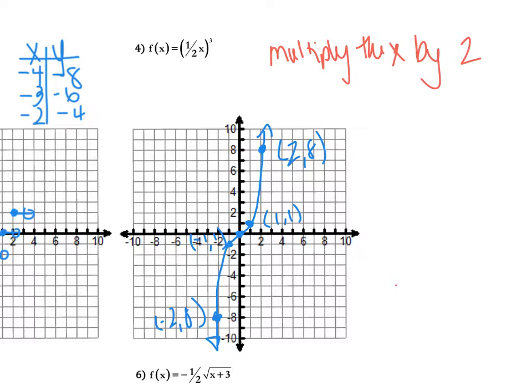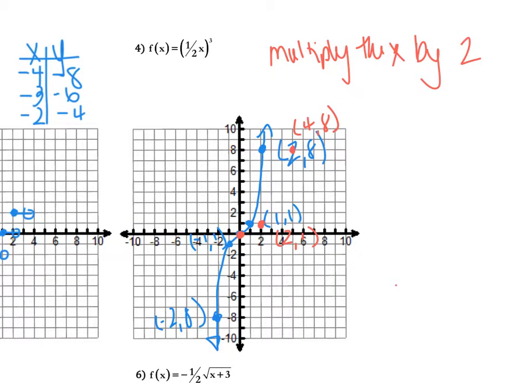Okay. All right, so the first one's going to stay 0, 0. But then if we take this ordered pair right here, I need to multiply the x values by 2. So my new ordered pair is going to be 2, 1. Okay. Then I'm going to take this ordered pair, multiply the x values by 2, and that gives me 4, 8.